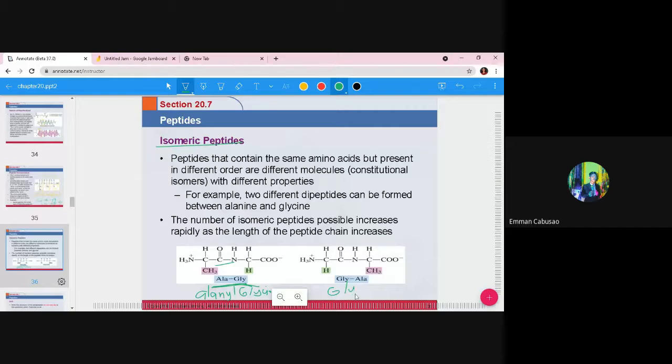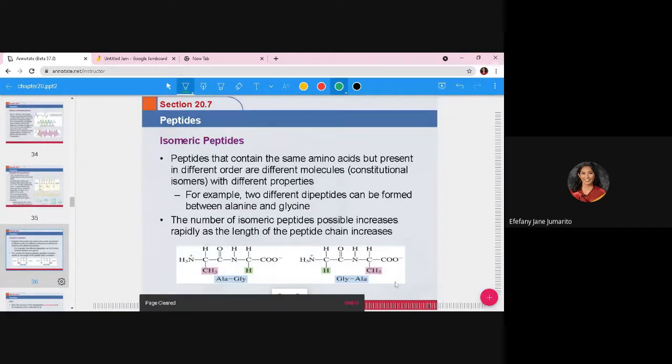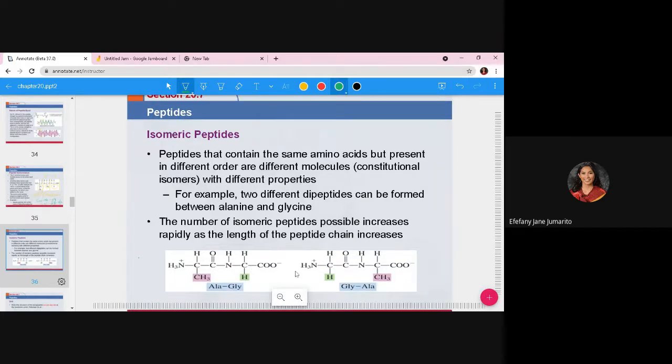The second one is glycine and alanine: glycyl alanine. They are different structures.